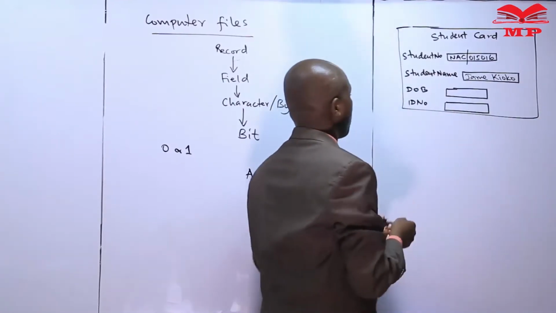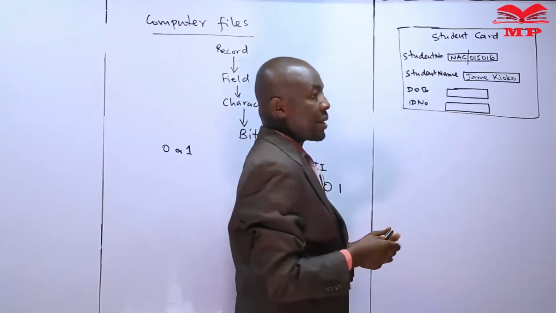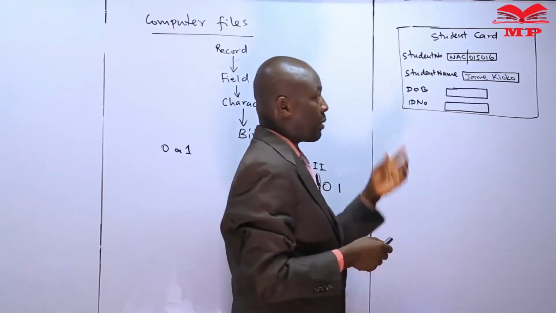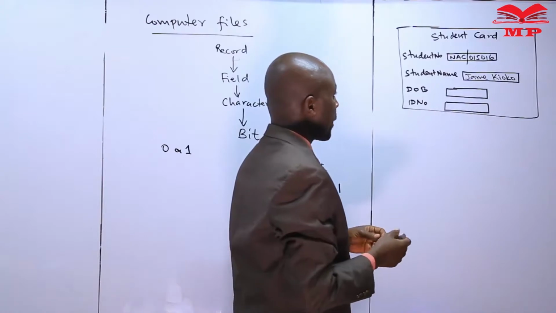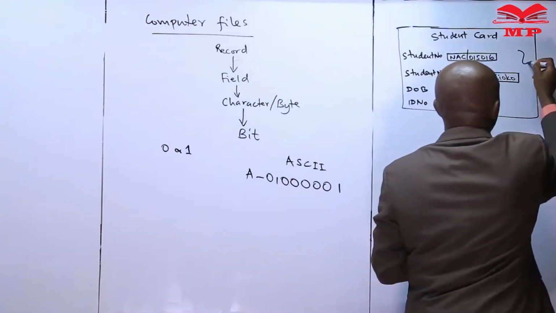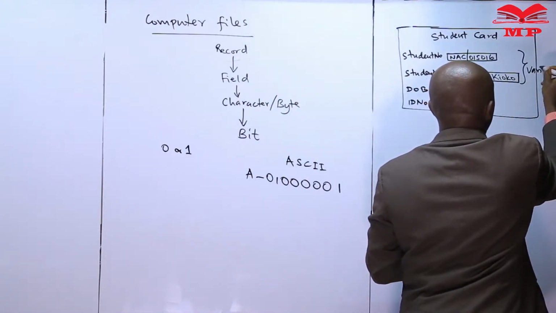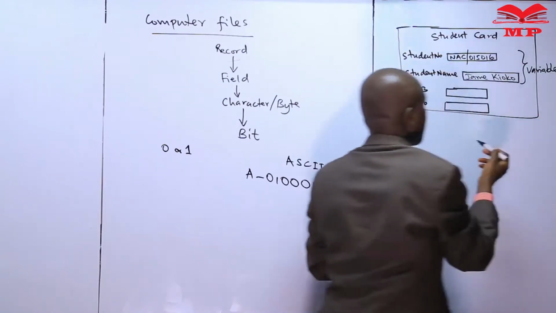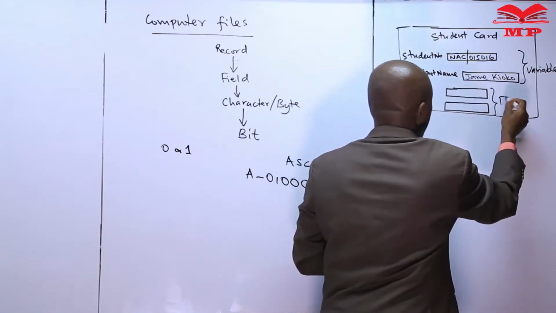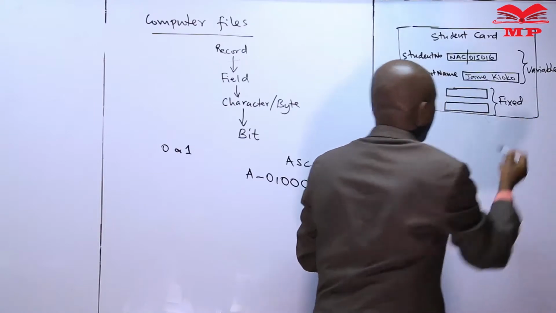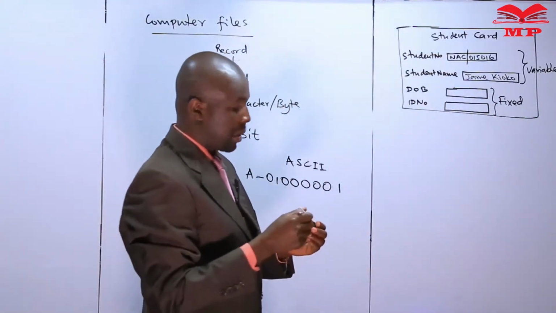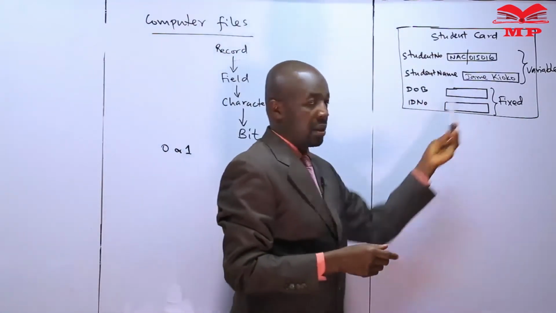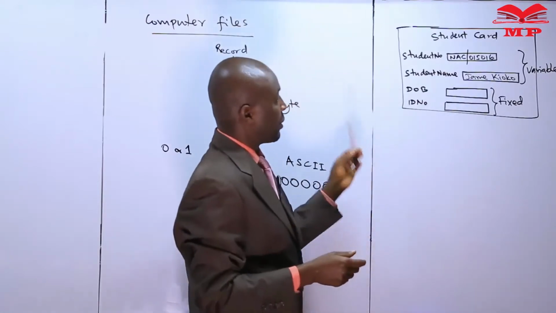There is something else we can capture on fields. Fields that do not have the same space reserved for their characters are referred to as variable length fields, and fields that have the same space reserved for their characters are referred to as fixed length fields.